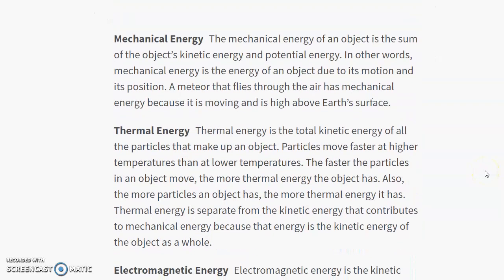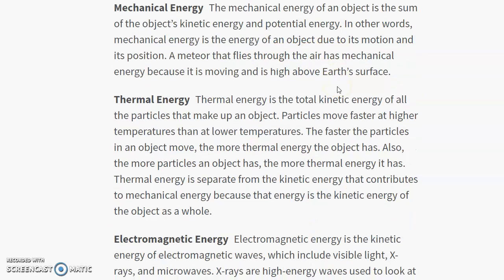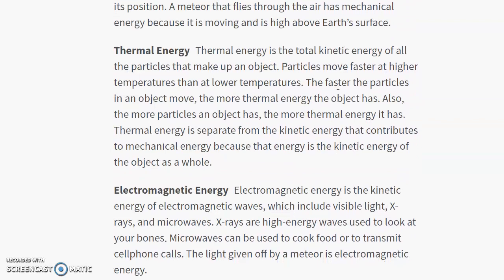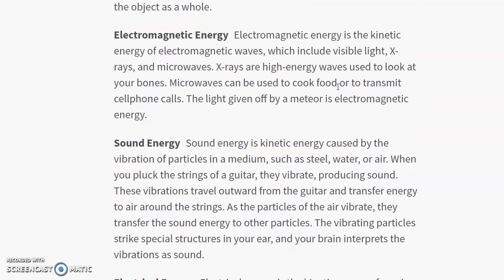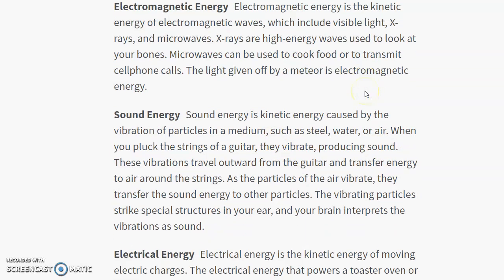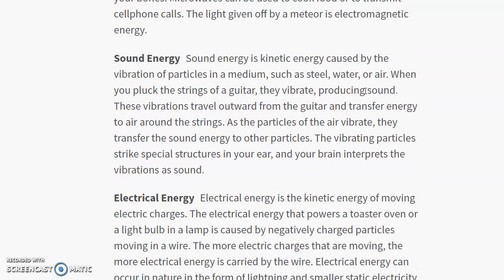So mechanical energy is the kinetic and potential, so how is it moving during the motion and the position? So that meteor, that's mechanical. Thermal is moving because of temperature. That's why it's moving. Electromagnetic is moving because of these electro waves, like a microwave or a cell phone.